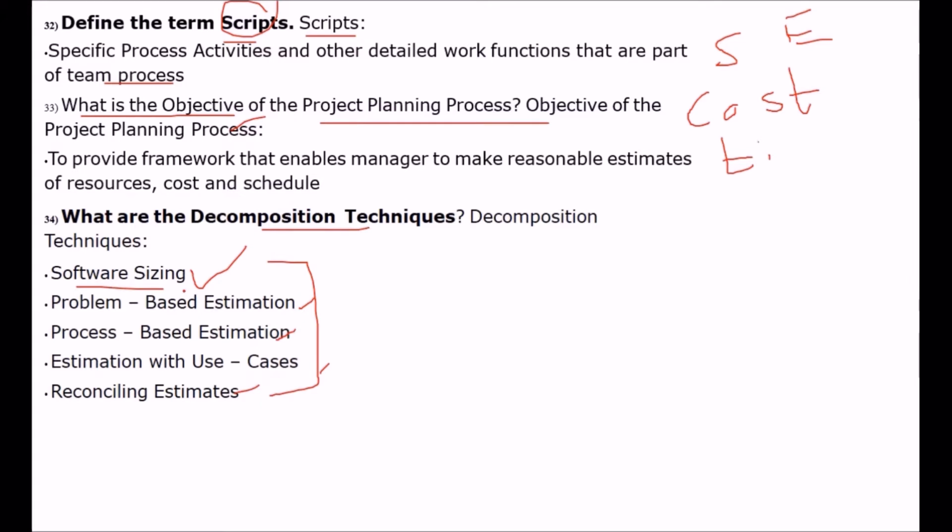The basic idea is to use the size, but there are various other aspects also which can be used as decomposition techniques. How do we compute the expected value of software size? Now the size has come. How do we know what is the expected value of the software size beforehand?